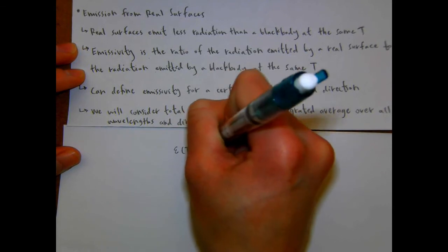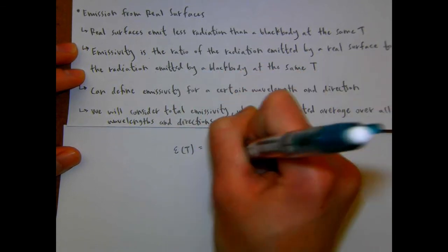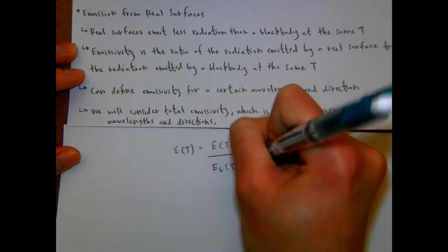So the total emissivity is just the total emissive power of a real surface divided by the total emissive power of a black body at that same temperature.